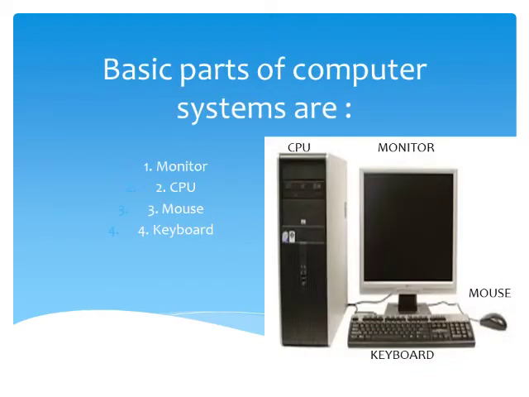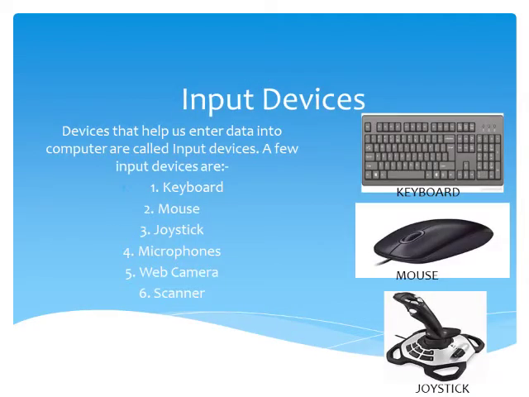Next, input devices. Devices that help us enter data into the computer are called input devices. We can input data with the help of these kinds of devices, which are known as input devices. A few input devices are keyboard, mouse, joysticks, microphones, web camera and scanner.